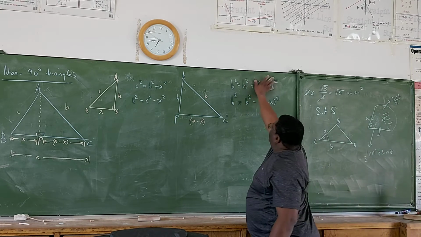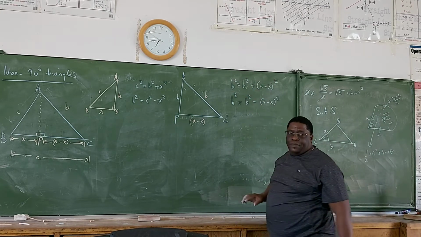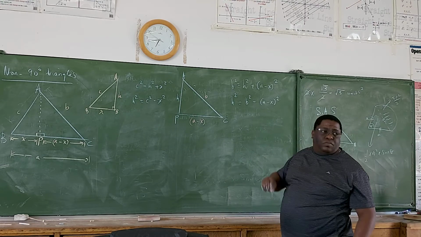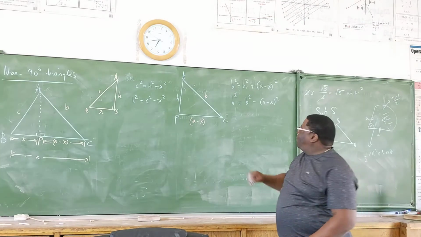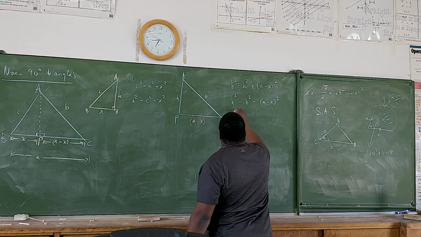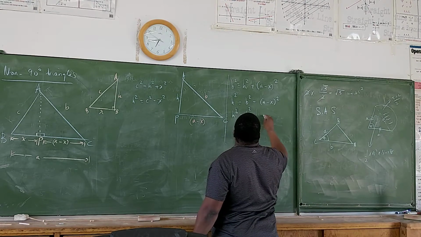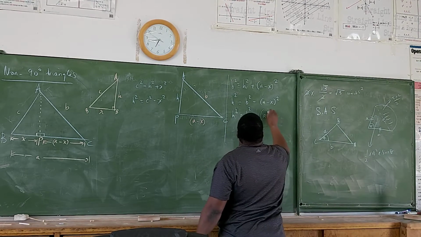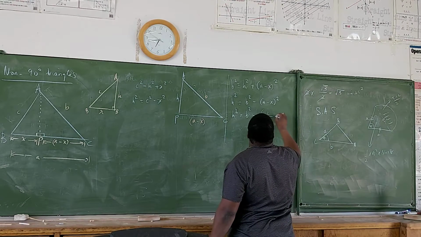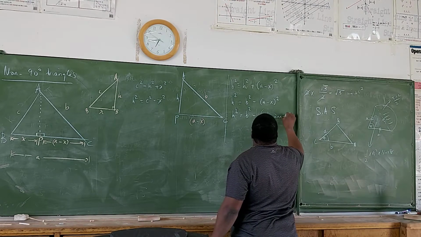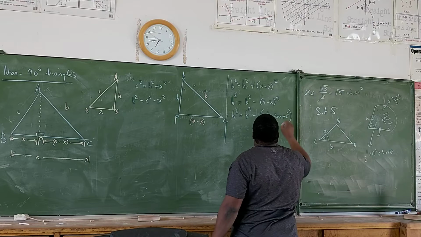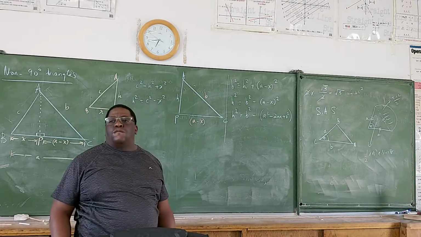So I leave the h alone, this one goes and it's subtract now. Can I multiply this out? So this is going to be b squared minus, first when we do this, it's a squared minus 2ax plus x squared.